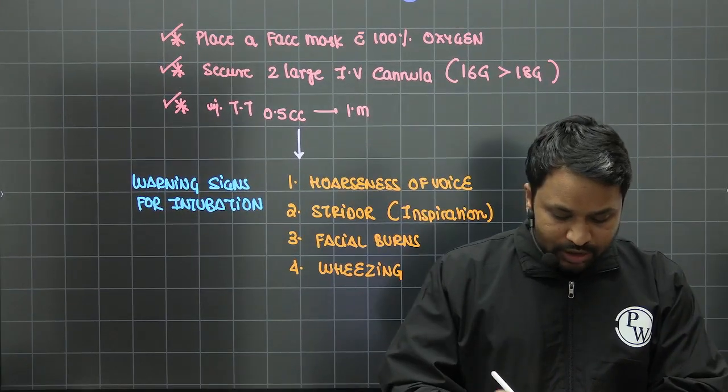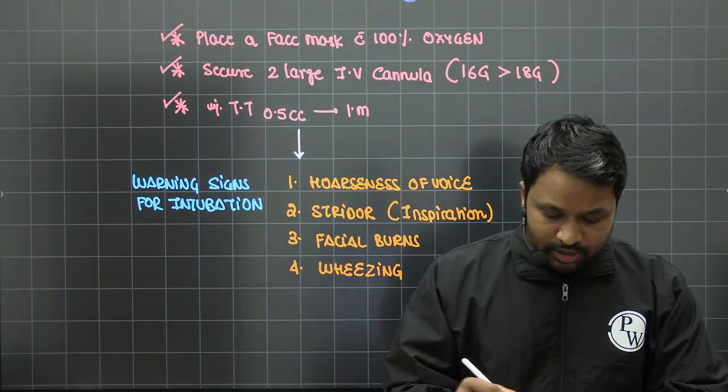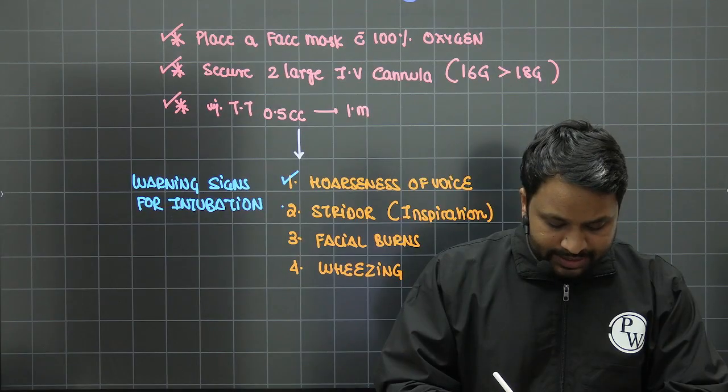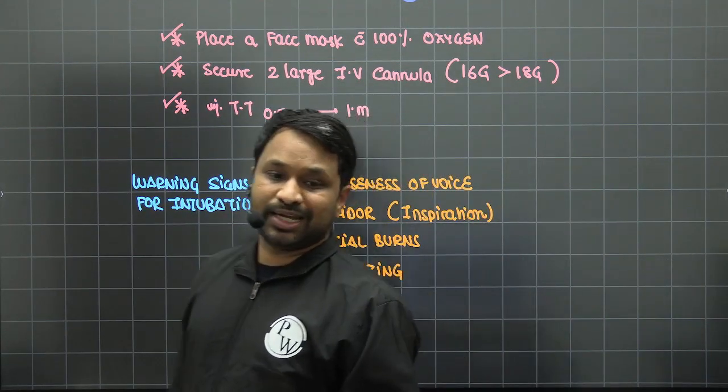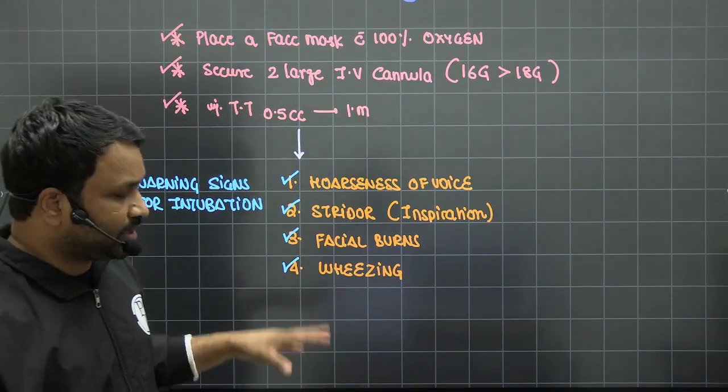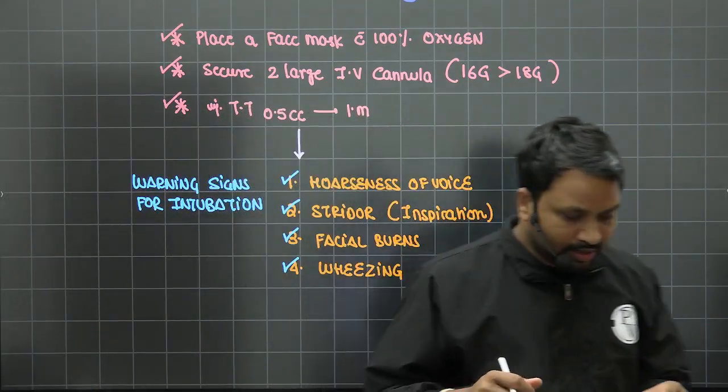So the warning signs which warrant intubation are: hoarseness of voice, inspiratory stridor, facial burns, and associated wheezing. If there is wheezing associated with it, then I would like to intubate my patient, right?